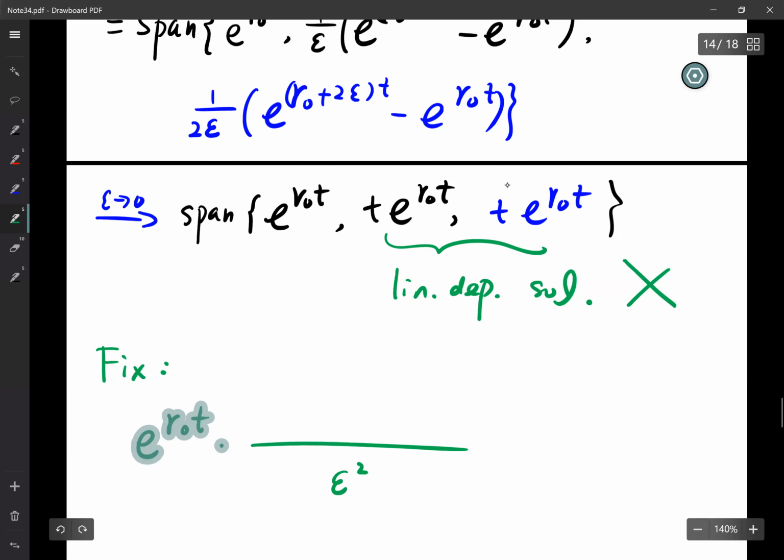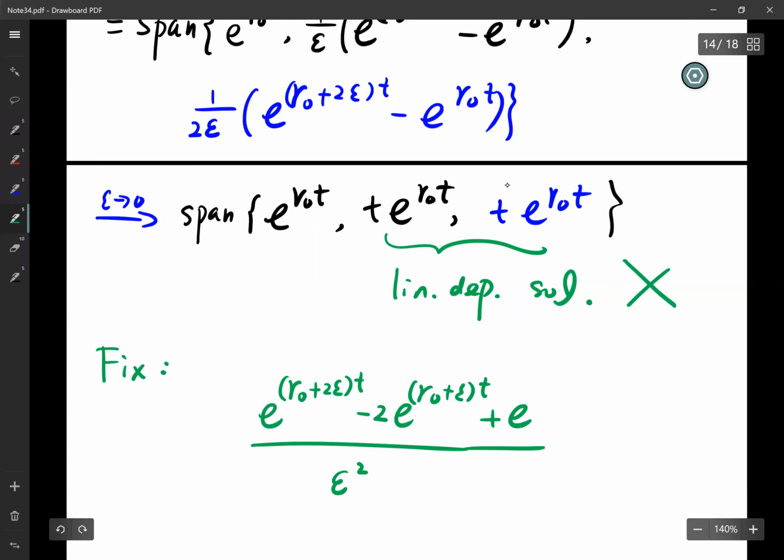Let me write it in this way. So this is r0 plus 2 epsilon t, and this is minus 2, plus epsilon t, plus epsilon r0 t.